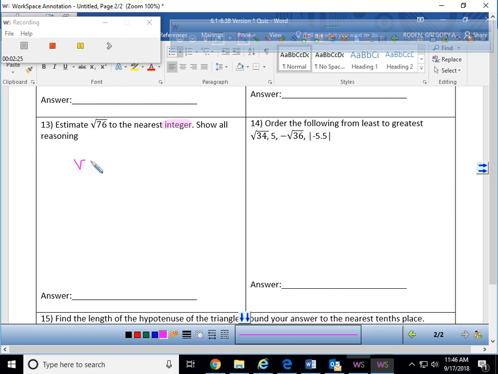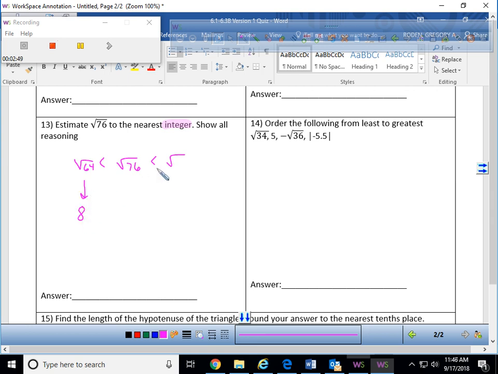So the square root of 76, let's see if we can find two perfect squares that it's between. Because we know it's not a perfect square. The square root of 76 is bigger than the square root of 64, and that is 8.